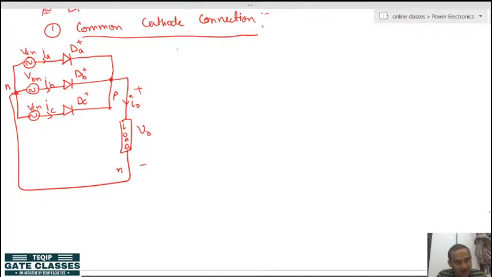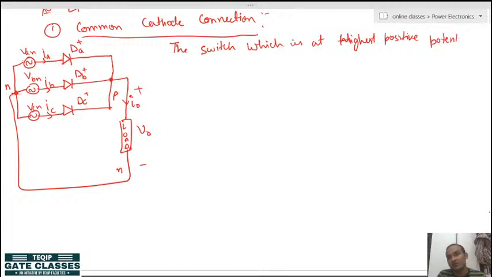Similarly in the common cathode connection, the switch (I am writing switch as a general statement, either use diode or use thyristor) which is at the highest positive potential will be turned on.